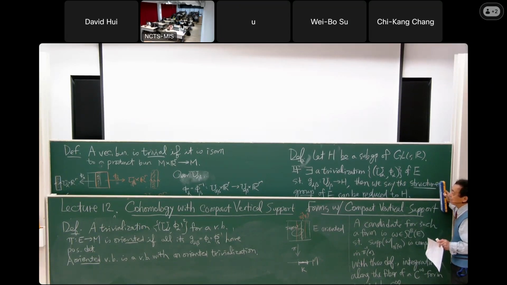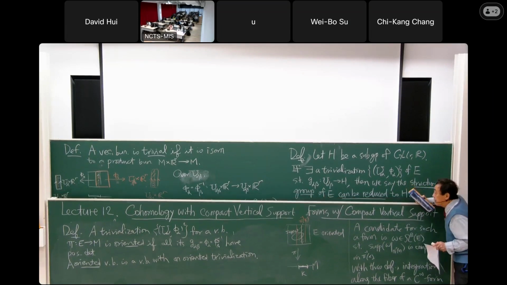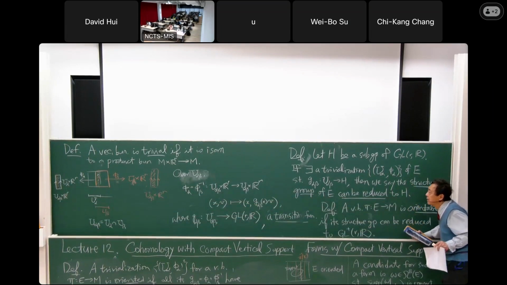Okay, so let's write down the correct definition of a form with compact vertical support.